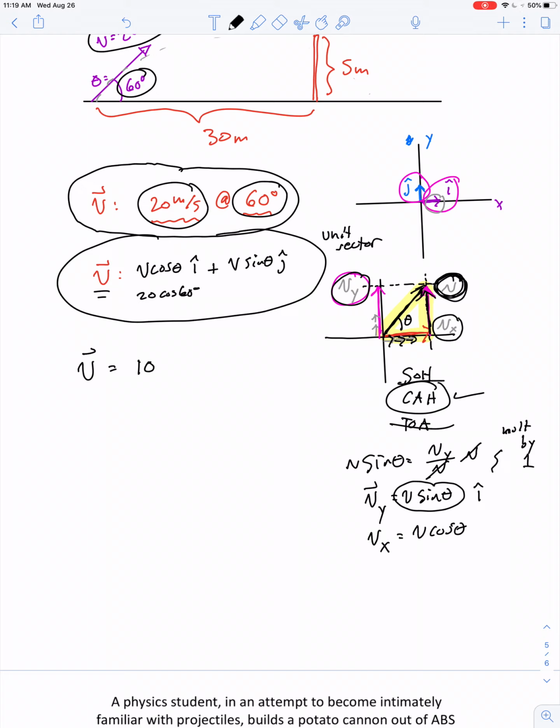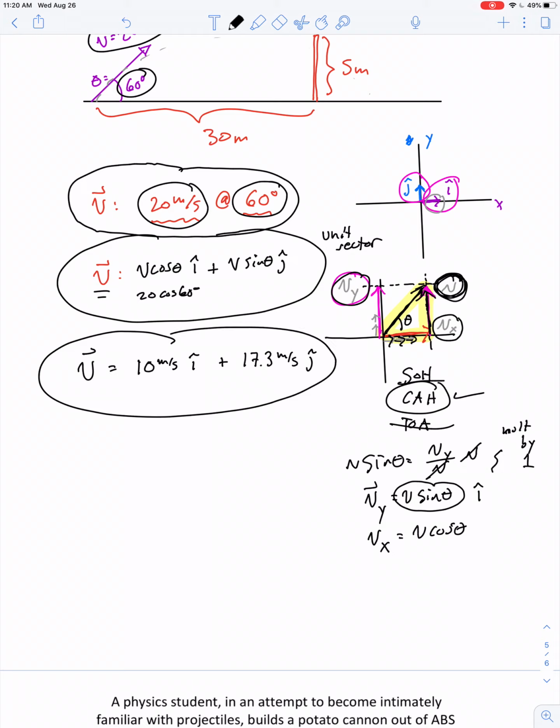So this is 10 meters per second i hat plus, okay, the sine of 60 degrees multiplied by 20 gives us 17.3 meters per second j hat. Okay. So two ways of giving the same information.